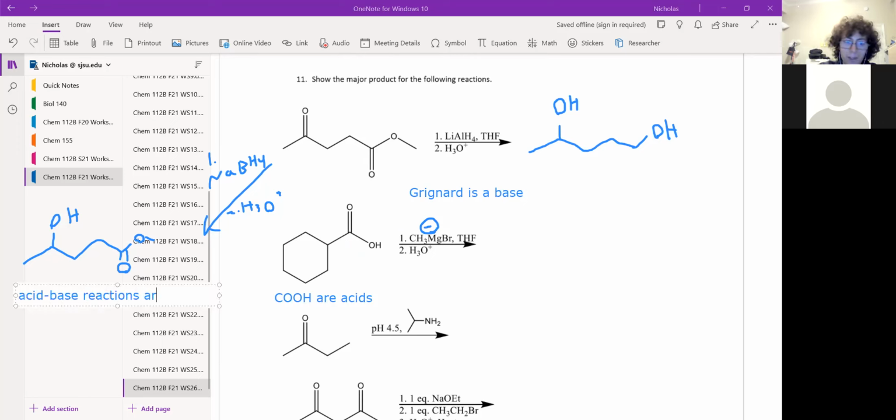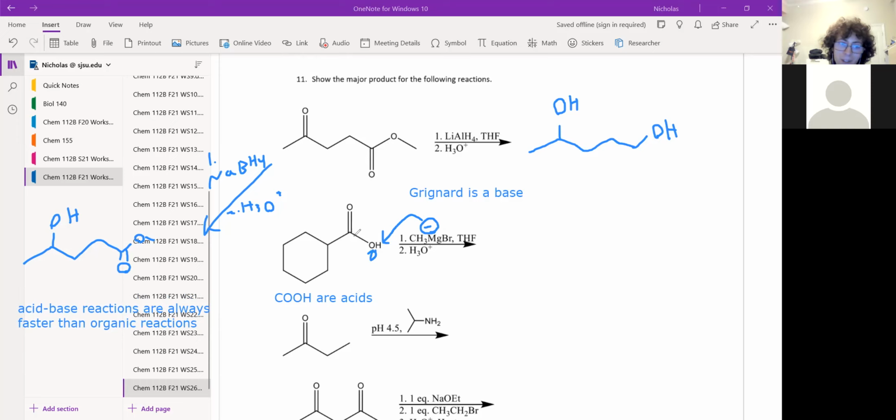acid-base reactions are always faster than organic reactions. And organic is like a nucleophile and an electrophile, just electrons exchanging, but not protons. But if you have acids and bases, they always react faster than anything else. So this is going to be preferred.